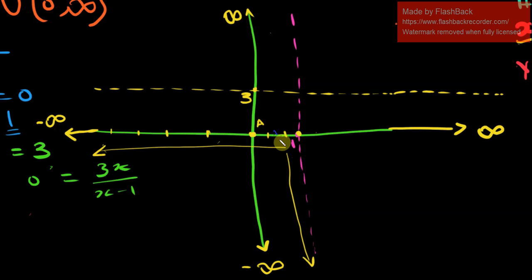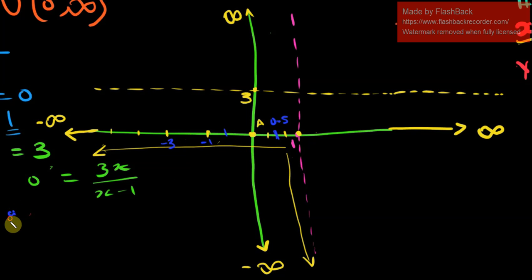Let's get a point here, call it 0.5. And let's say this is -1 and -3.